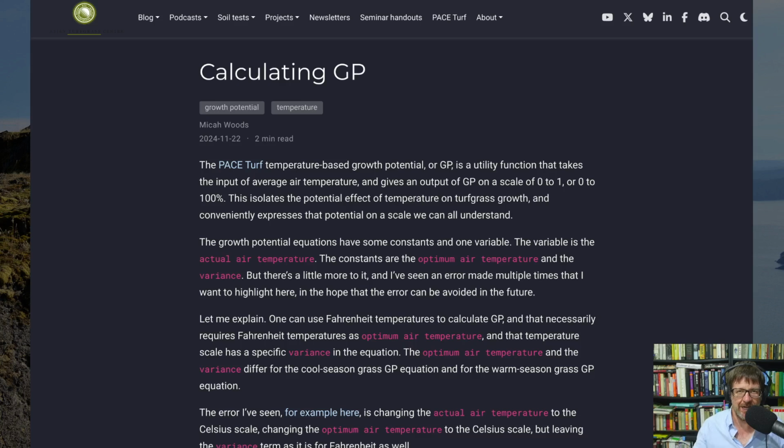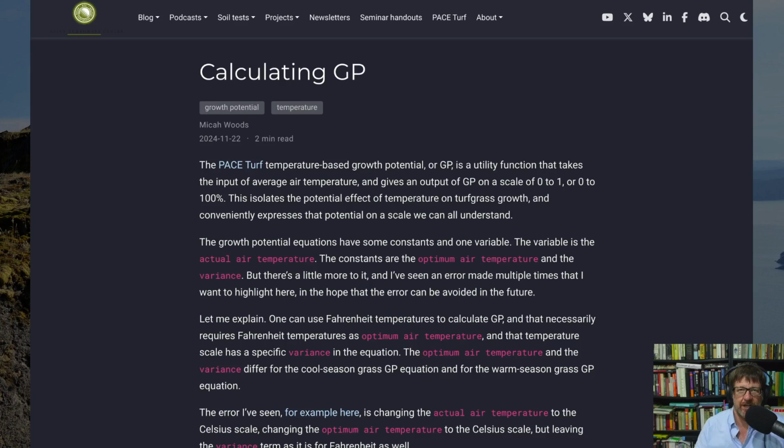So we've got a cool season GP equation and a warm season GP equation, and those equations have different optimum air temperatures depending on whether it's warm or cool, Celsius or Fahrenheit.